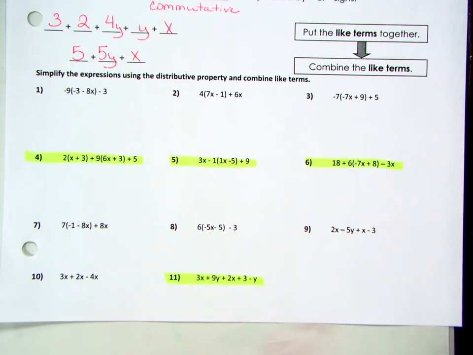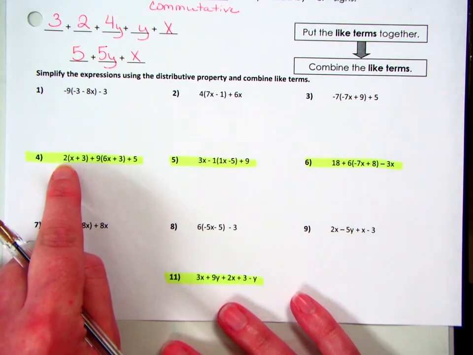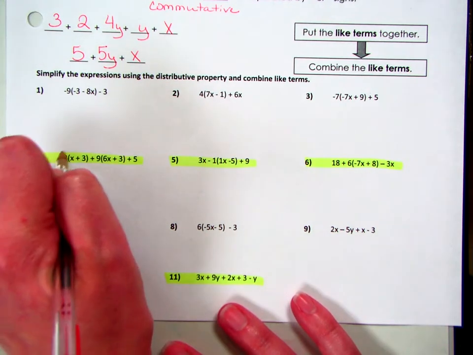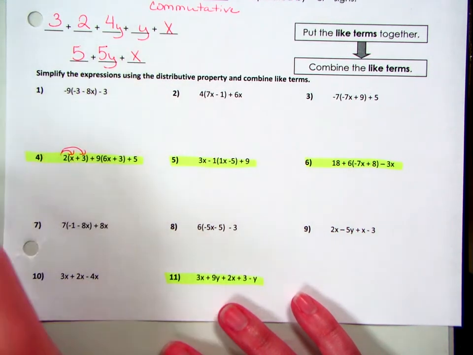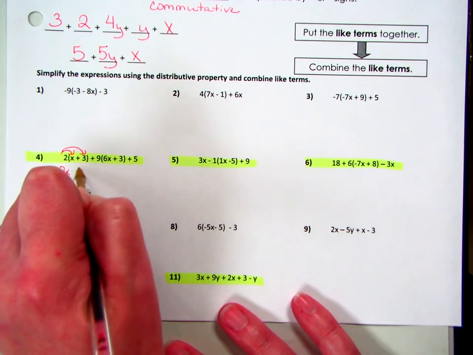As a review, sometimes when you are doing this, you need to use the distributive property. Anytime you see parentheses with a number outside of the parentheses, that means multiplication. And when you see that, that's asking you to do the distributive property. So that means you're going to multiply 2 times x and 2 times 3. So 2 times x is 2x. 2 times 3 is 6.